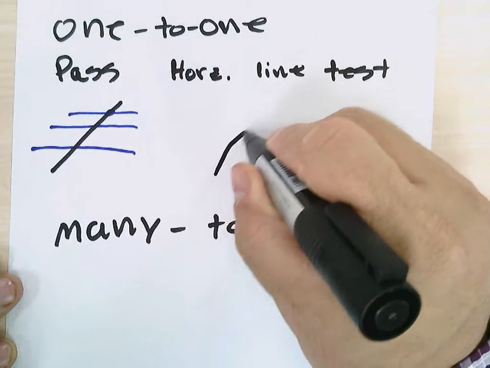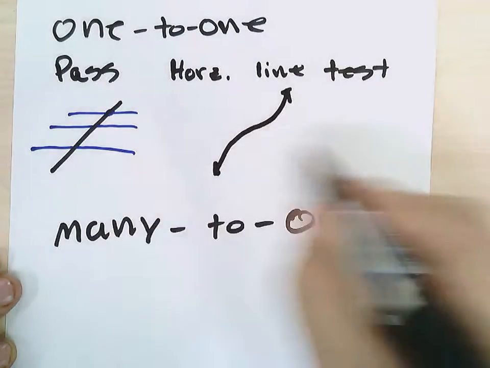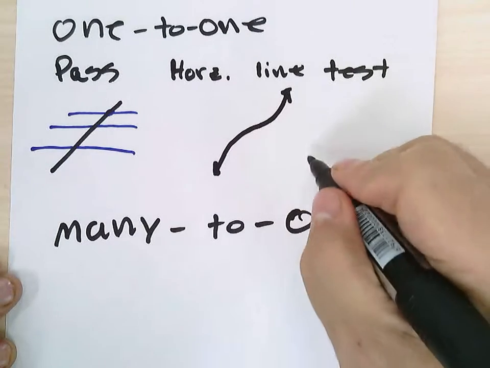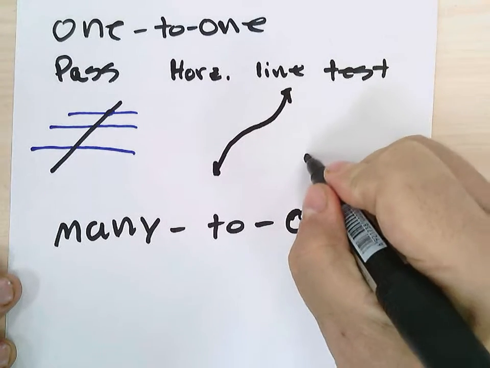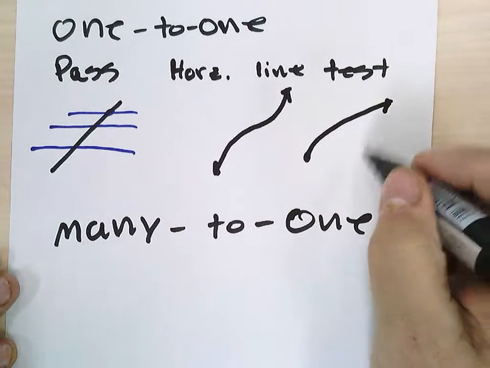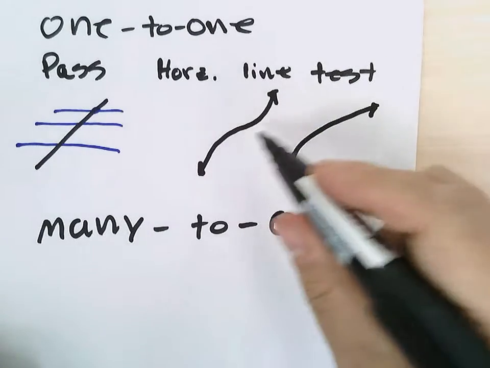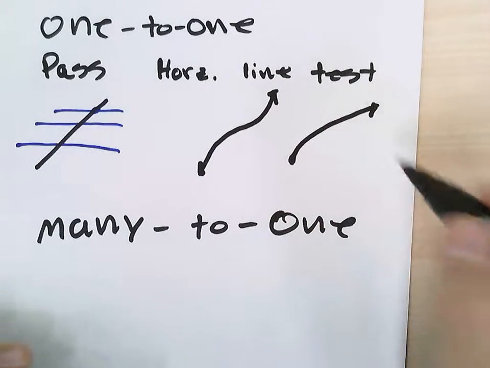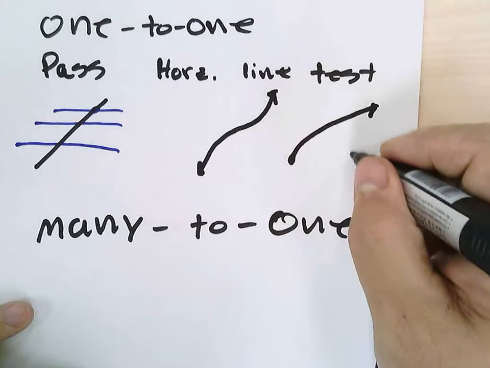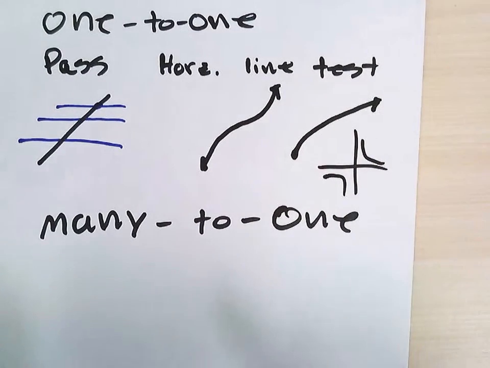Cubic functions are one-to-one, right? Just like that. That's one-to-one. That passes the horizontal line test. And root functions pass the one-to-one. But also, not all cubics, not all root functions, but also rational functions that look like this pass the horizontal line test and are one-to-one.